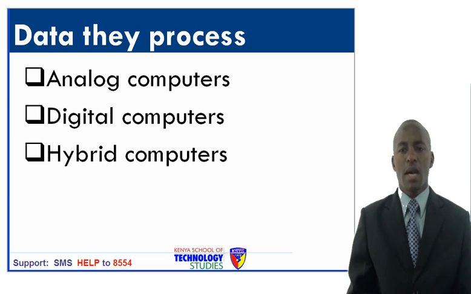Now let us look at part 2, that is evolution or generation of computers. We start with the first generation. That was from 1940 to 1958. This type of computer was huge, expensive, and often broke down. It used vacuum tubes for internal storage capacity.